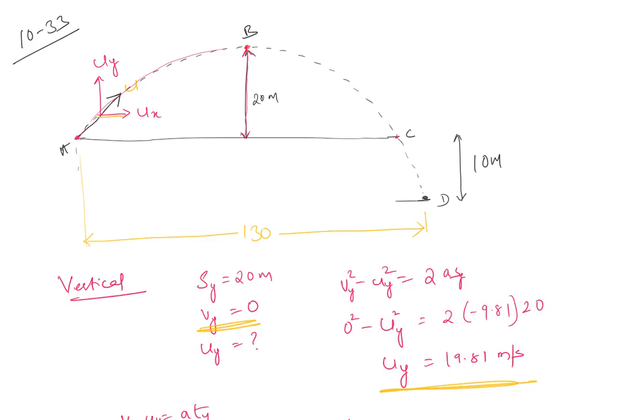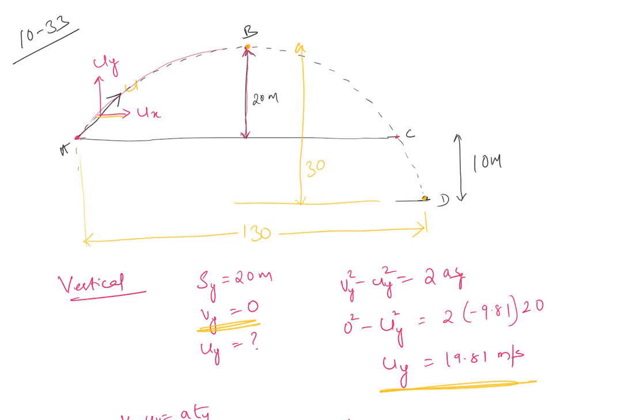From B to where it finally falls, D, this is 30. So finally it has fallen 30 meters from point B to point D.